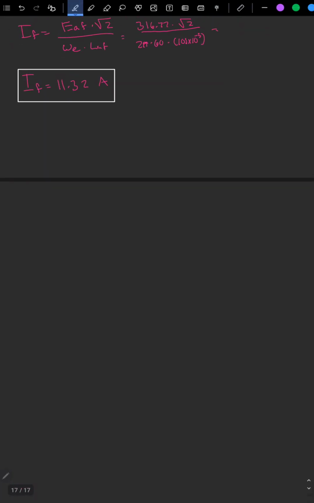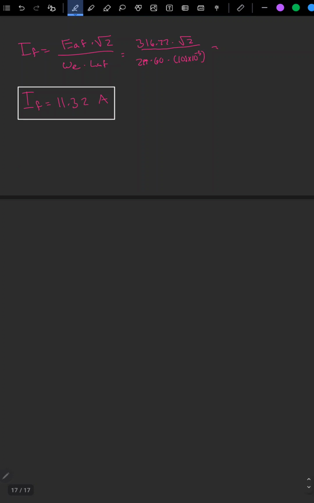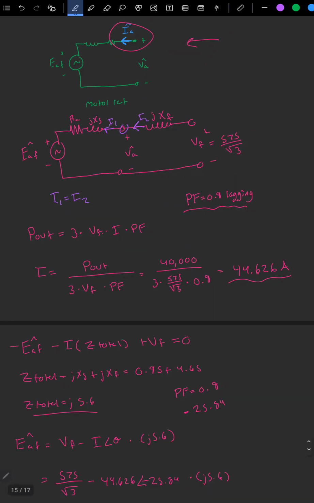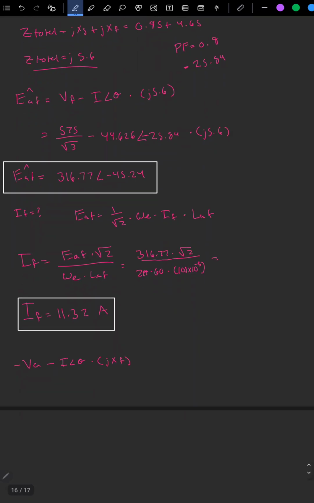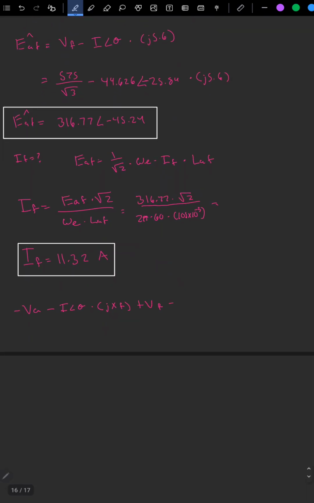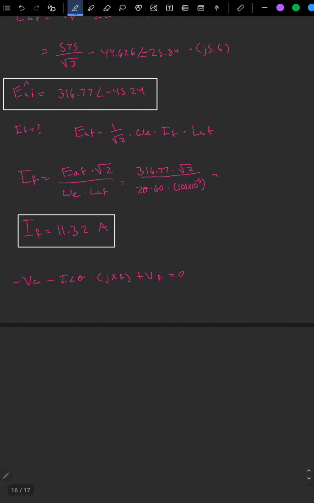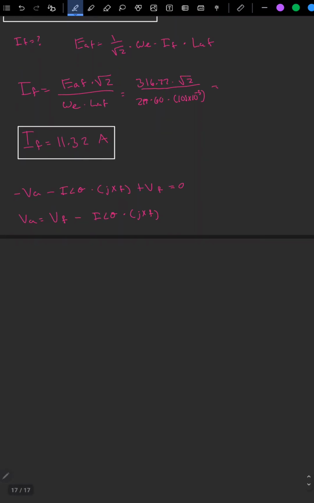So it's basically just going to be minus VA, that's going to be minus I angle times JXF plus VF. It's going to equal 0. So it's basically going to be VA equals VF minus I phase angle times JXF. Or in this equation, JXF was just 0.95.